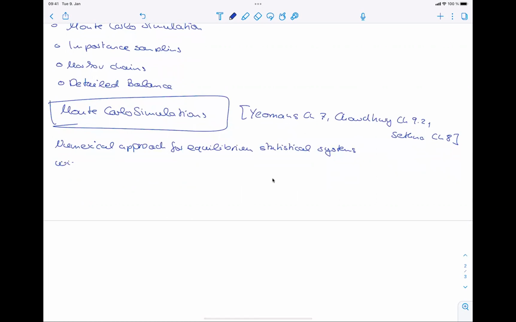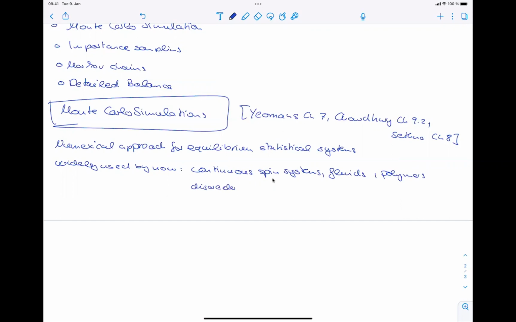It's really widely used by now for continuous spin systems, to describe fluids, polymers, disordered materials, lattice gauge theories.